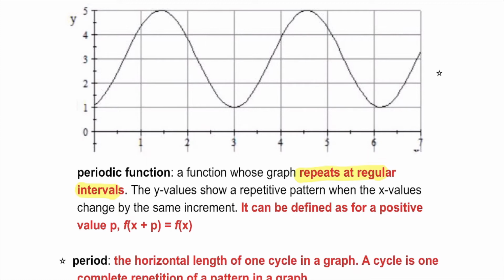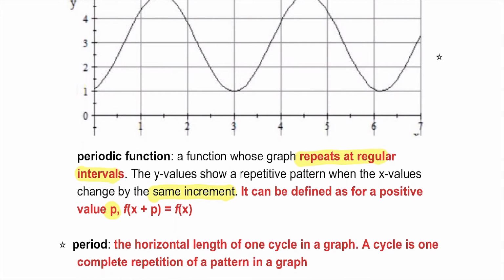What that means is the y values show a repetitive pattern when the x value is changed by the same increment. We can define that increment by the value p. In other words, it's repeating every p values as we go across the x-axis. Therefore, the idea of a periodic function is that f of x plus p equals f of x: if we add p to x, we get the same y value.